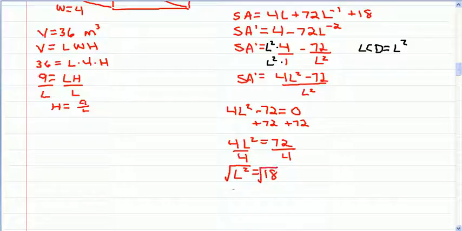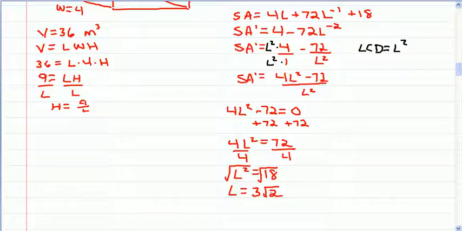And when I square root both sides, the length is equal to the square root of 18, which can be written as 3 times the square root of 2. I don't need to include the plus or minus 3 square root of 2, because again we're working with volume and dimensions of a rectangular box, and the dimensions of a box cannot be negative. So the length is equal to 3 times the square root of 2.